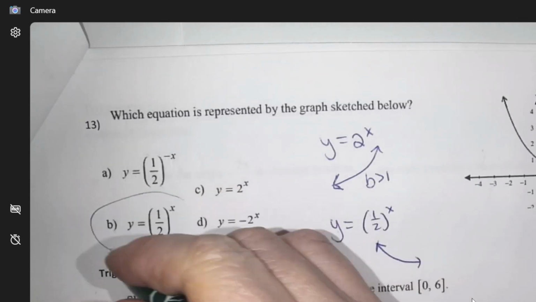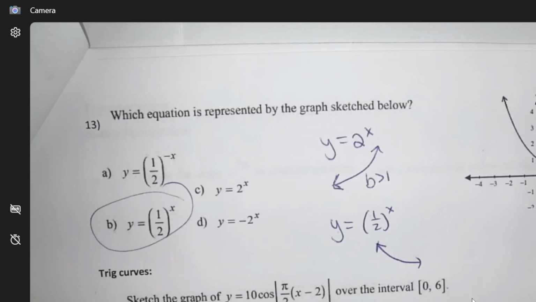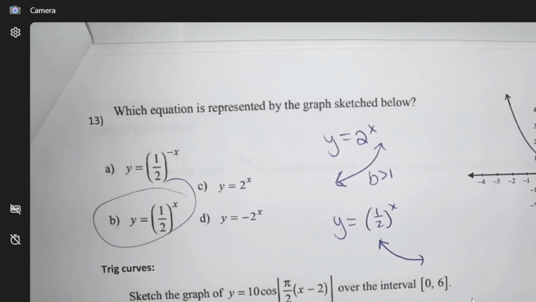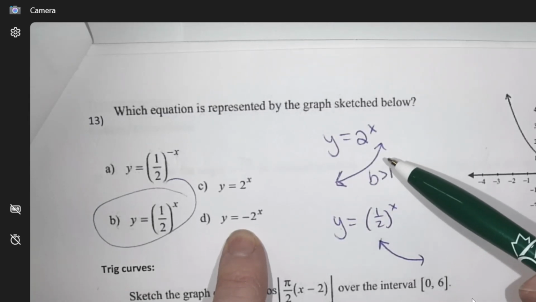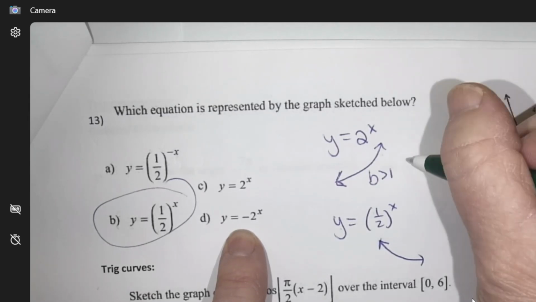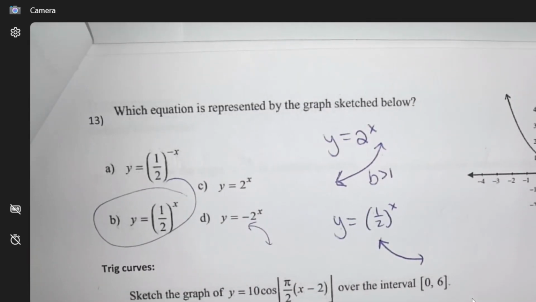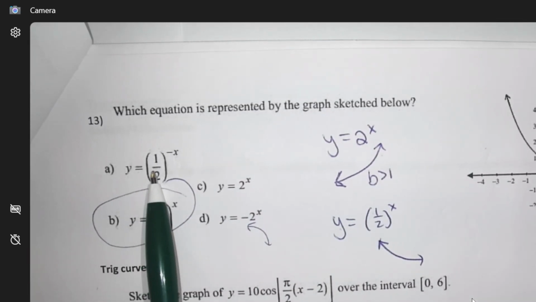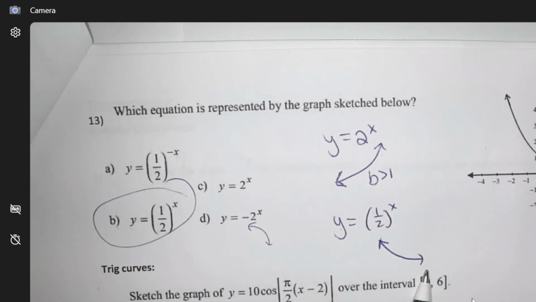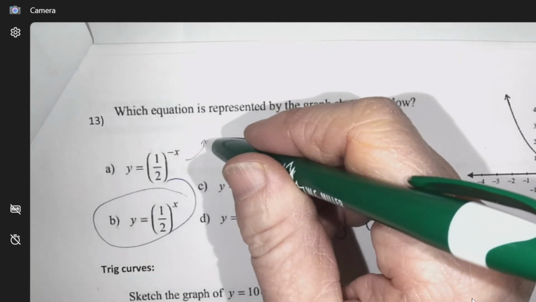Okay, that actually matches, doesn't it? So D would be a reflection of this one. So this would end up going that way, reflecting. And this would reflect that horizontally.